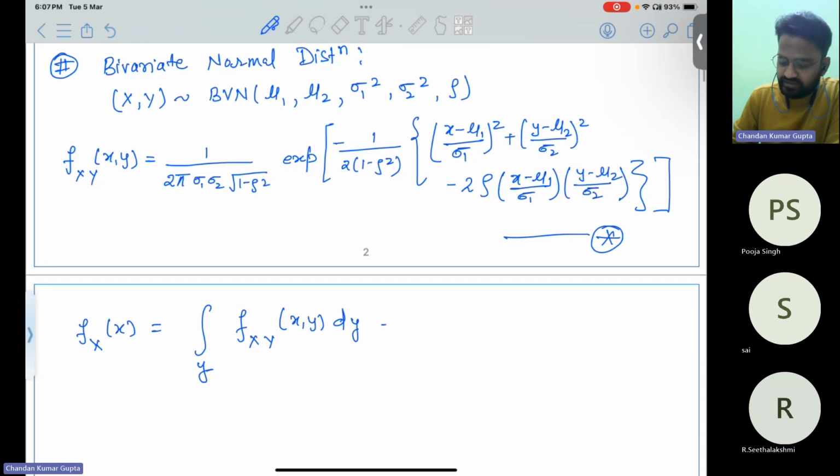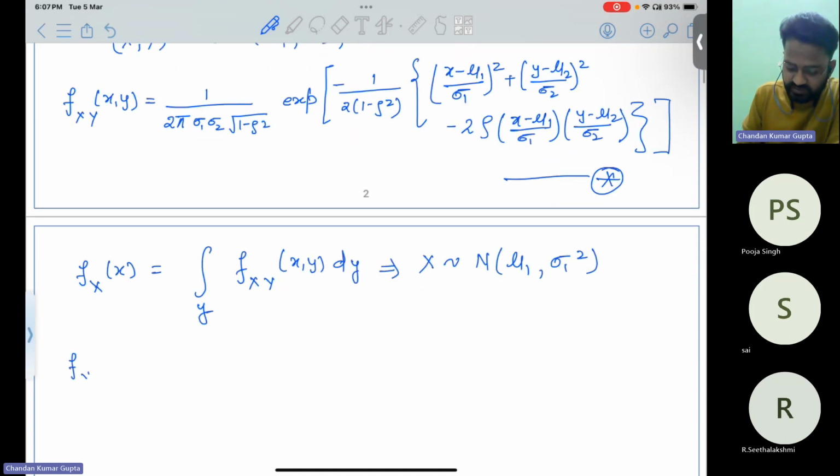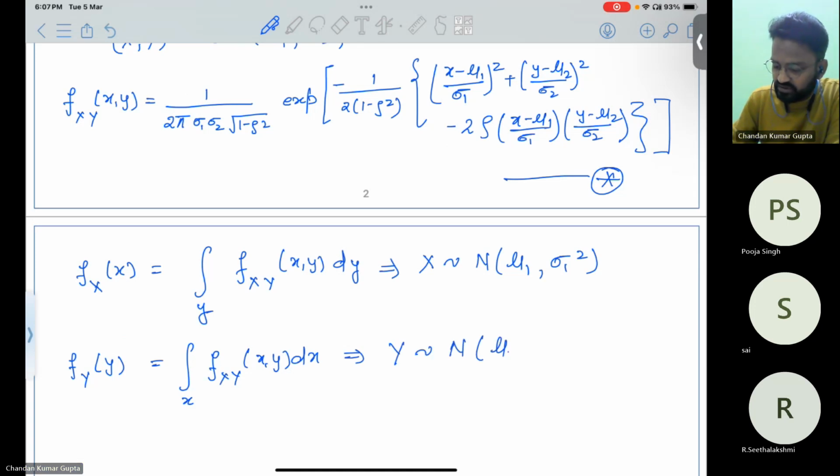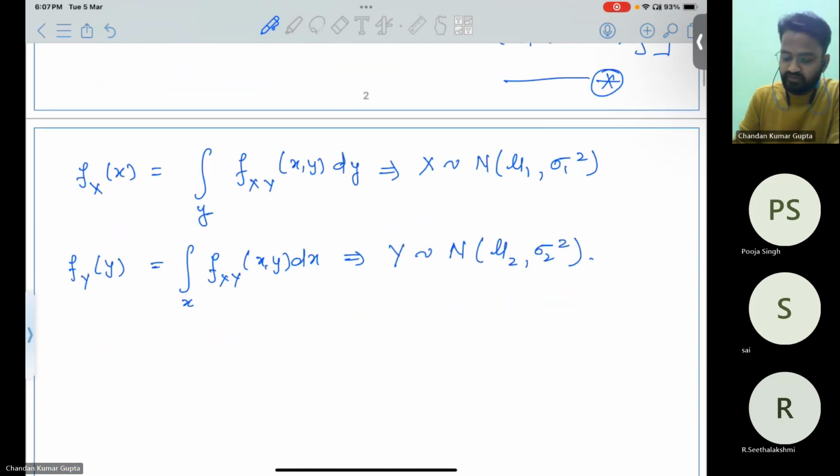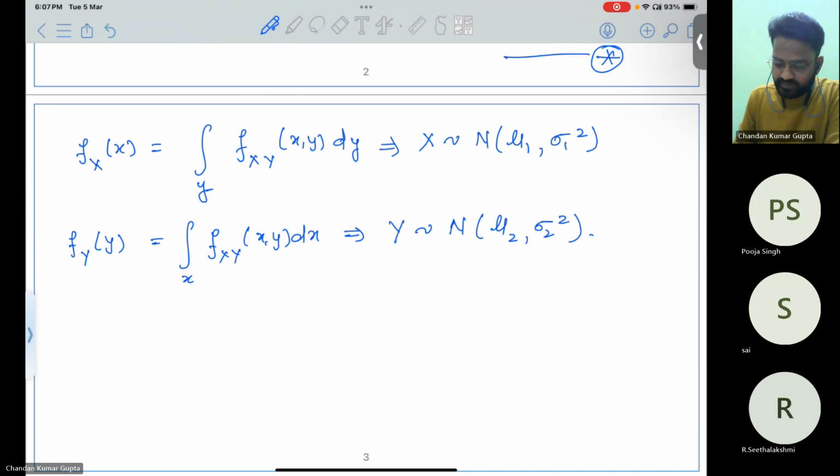We see that x follows a normal distribution with parameters mu1 and sigma 1 square. In the same manner, the marginal PDF of y can also be evaluated, and we find that it is normal with mu2 and sigma 2 square.